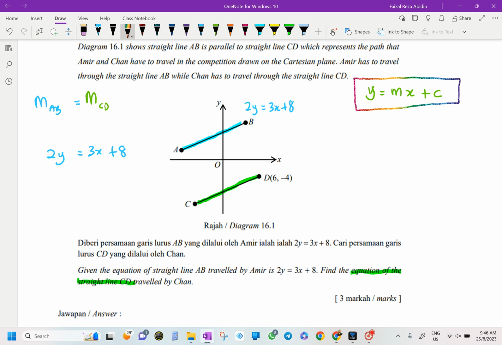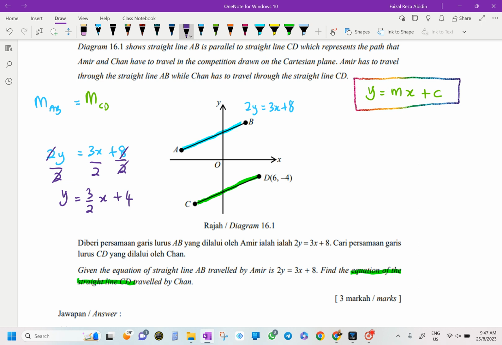So make sure we first change the coefficient of y into positive 1. Divide by 2, divide by 2, divide by 2. If your 2y has a negative, you have to divide by the negative, because we want the coefficient of y to be positive 1. So we get y = 3/2 x + 4.